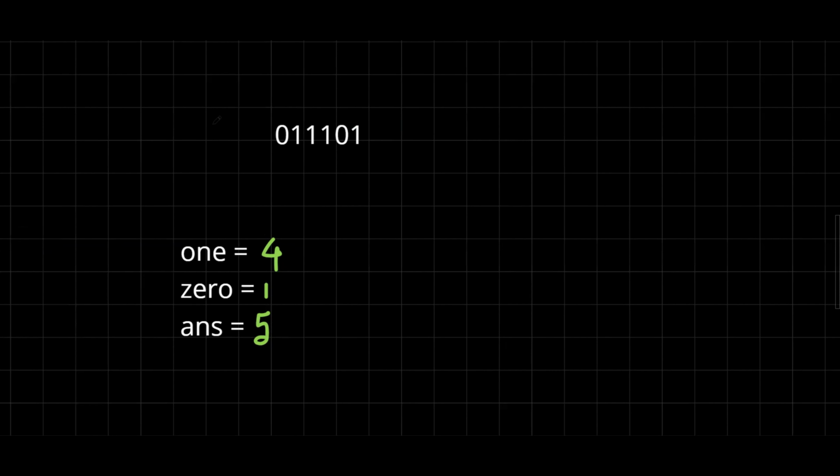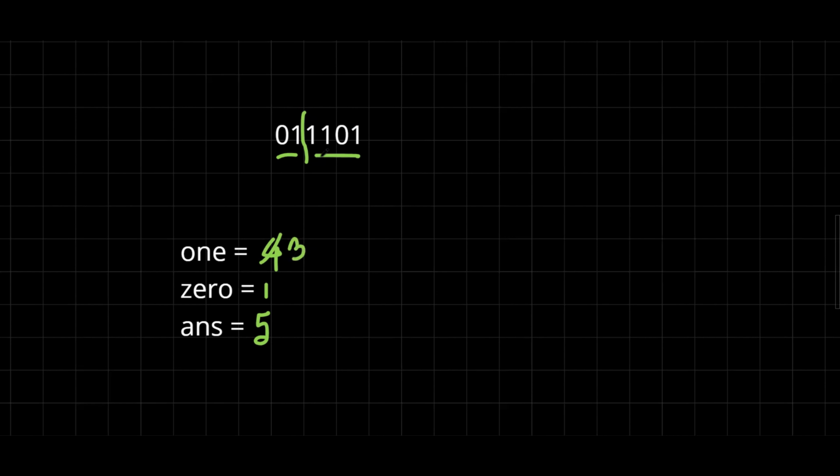Now, if I divide the string here, we can see that in the left part, the number of 1s is 1, right? Which is this. So we have to decrease the value of 1s by 1, so it will be 3.